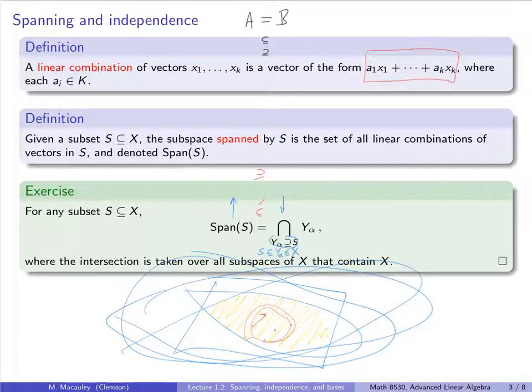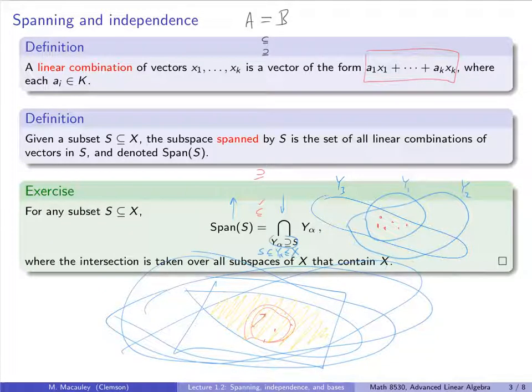So I'm going to again draw a cartoon for intuition. Suppose that this is y1, suppose this is y2. Now there does not have to be a finite or countable number of these things. Again, I'm just trying to illustrate this with a picture. Don't take it too literally. And so maybe this is y3. Now these are all subspaces that contain S, which is this set.